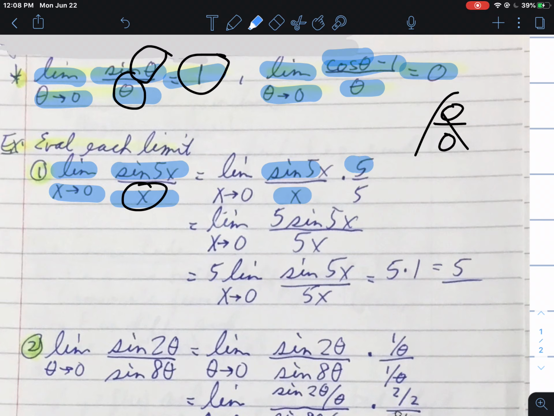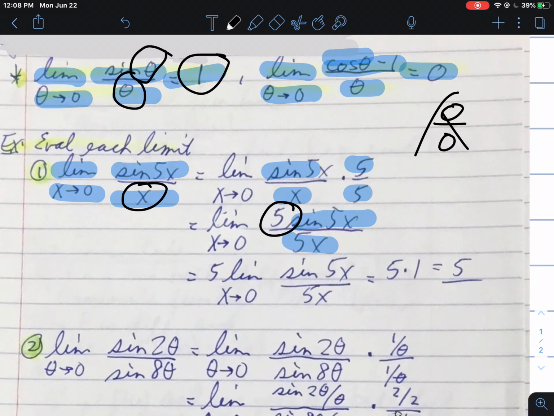I multiplied it by 5 over 5. I'm just multiplying by 1. The reason I did that is so that now the argument of our trig function is the same as that denominator. And then this 5 is just a constant, right? So it's 5 times sine 5x over 5x, and that's our constant multiple rule for limits.